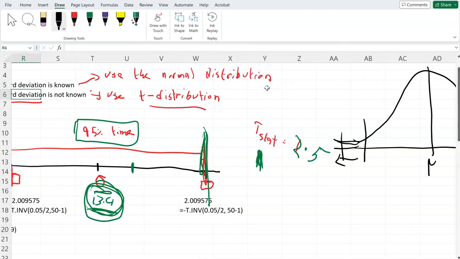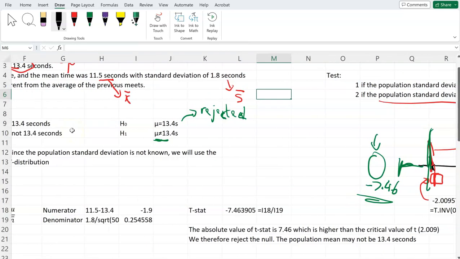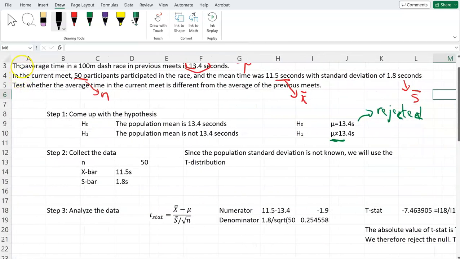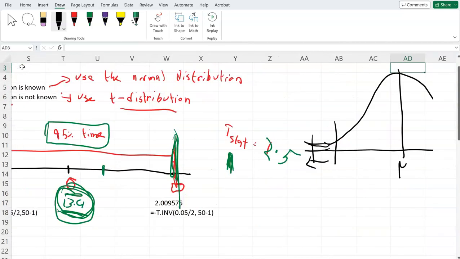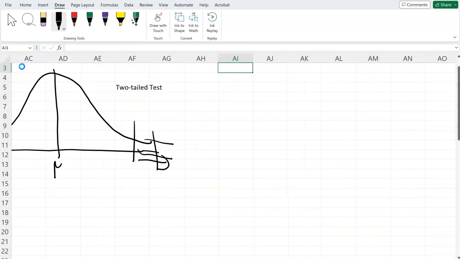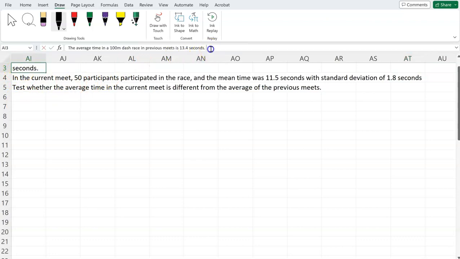And we just did a two-tailed test where the population standard deviation is not known, so we followed these steps. Now, what if the population standard deviation was known? Let's try this example again. The mean is 13.4 seconds with a standard deviation of, let's say, 2.4 seconds.